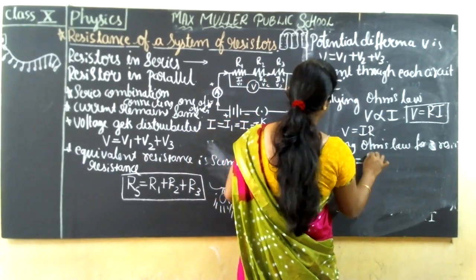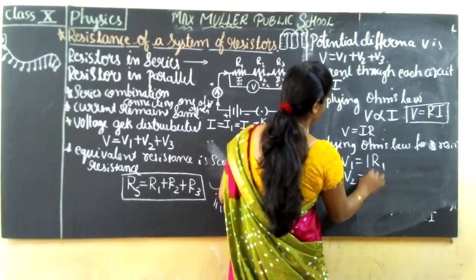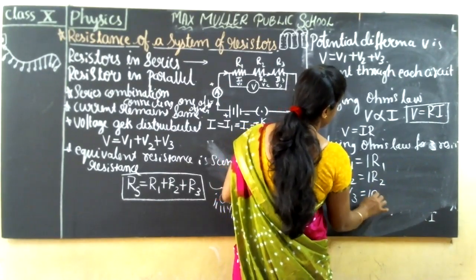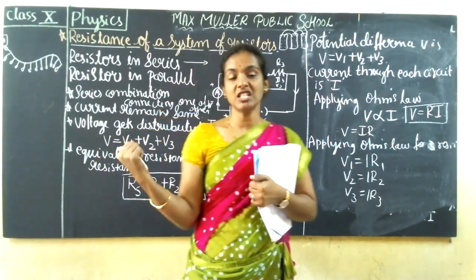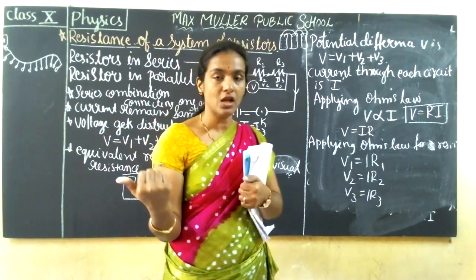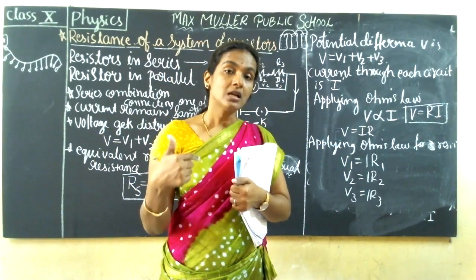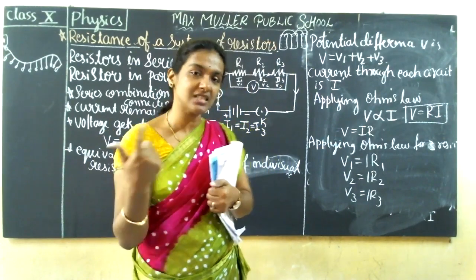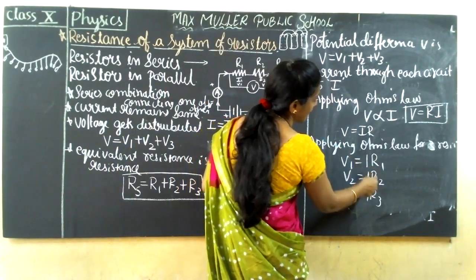V1 is equal to I R1, V2 is equal to I R2, V3 is equal to I R3. Are you following, guys? The potential difference is getting distributed, so it is taken as V1, V2 and V3. Current remains the same in all the resistors throughout the circuit, that is I only, and the different resistors are R1, R2, R3.